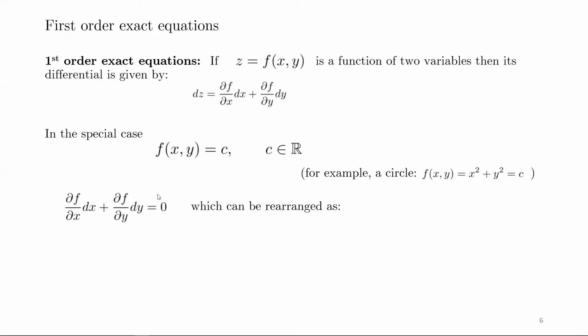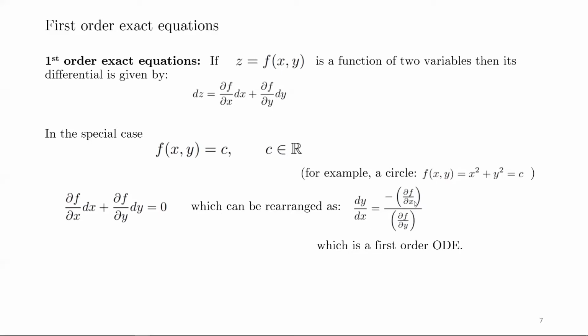We can rearrange this equation like so: dy by dx equals negative the partial derivative of f with respect to x divided by the partial derivative of f with respect to y. And this itself is simply a first order ODE.